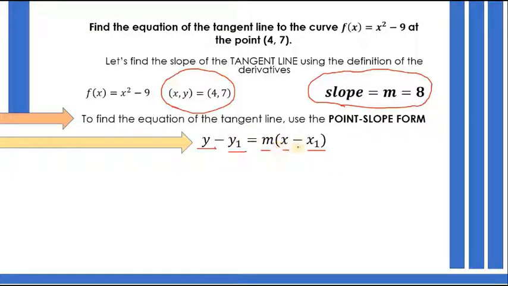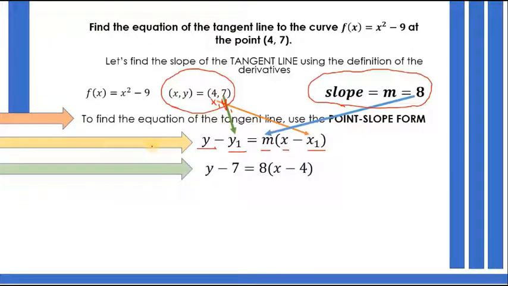What are x sub 1 and y sub 1 here? My x sub 1 and y sub 1 are the point of tangency: this is my x sub 1 and this is my y sub 1. You substitute that one here and over there, and your slope which is equal to 8. There you go. In substituting, it becomes y minus 7 is equal to 8 times x minus 4.